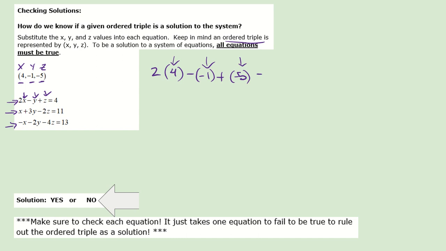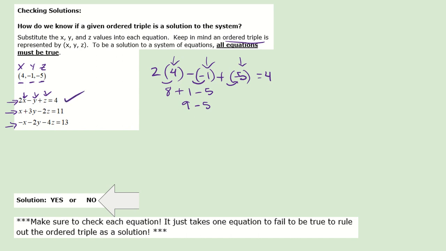At this point, you can either solve this following PEMDAS in your mind or on paper, or you can use your calculator as well if needed. So for example, 2 times 4, that will be 8, negative times negative, that's +1, and then positive times negative will be -5. So 8 plus 1 is 9, 9 minus 5, that does give you 4. So the first equation checks.